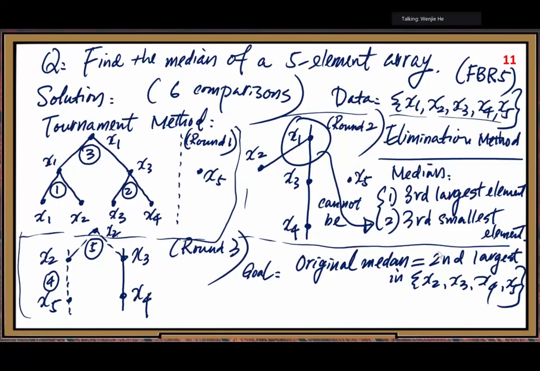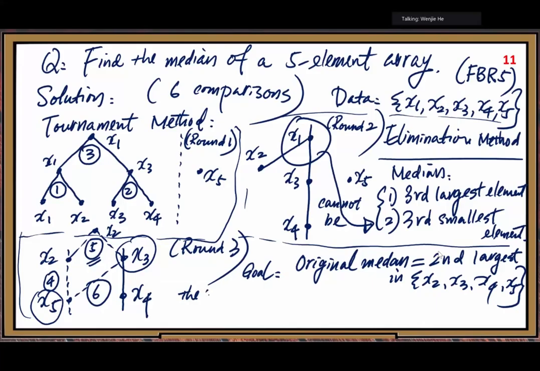Then the last comparison is between the direct losers of the winner. The winner is x2. The direct losers of x2 are x5 and x3. So the last comparison, the 6th comparison, is between x5 and x3.